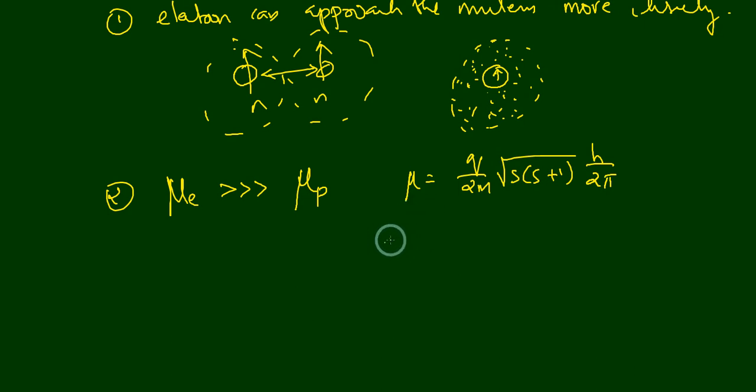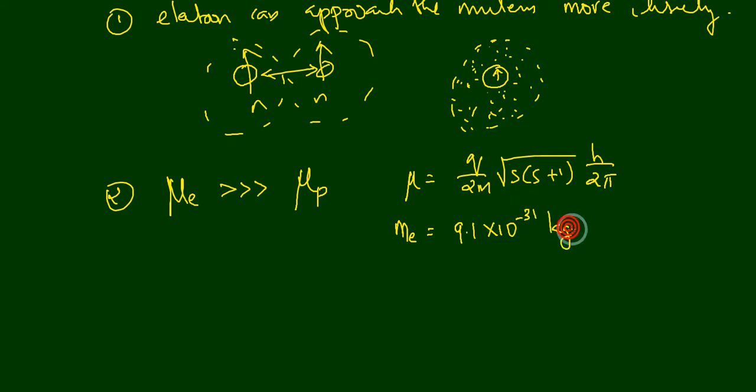So let us calculate the magnetic dipole moment of the nucleus, meaning the proton, and the electron. Okay, you already know the mass of the electron, me. What's the mass of the electron? 9.1 into 10 raised to minus 31 kilogram.